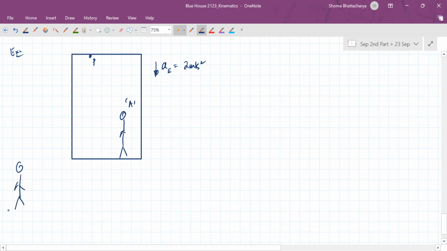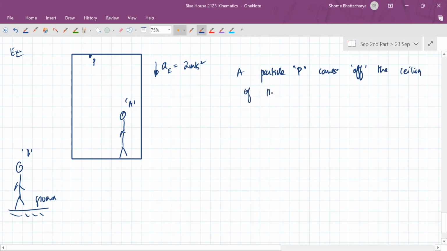So a particle P, and another observer B is on the ground at rest. So a particle P comes off the ceiling of the elevator and is in free fall.